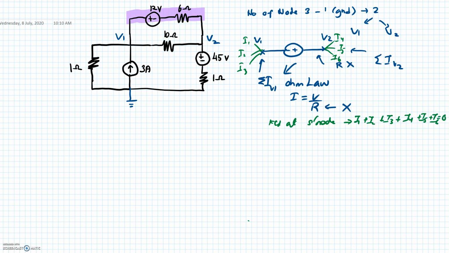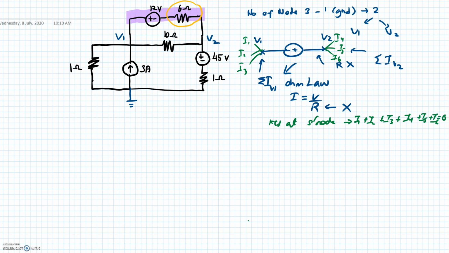Okay, but different from this case, here there is a resistor at this branch, so that is not a supernode, but that is a step that you need to do in order to find the current from this branch.